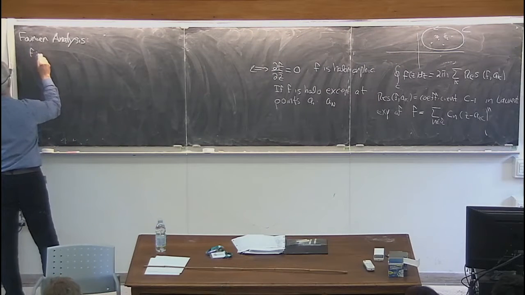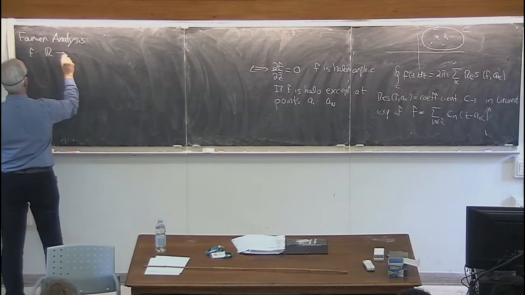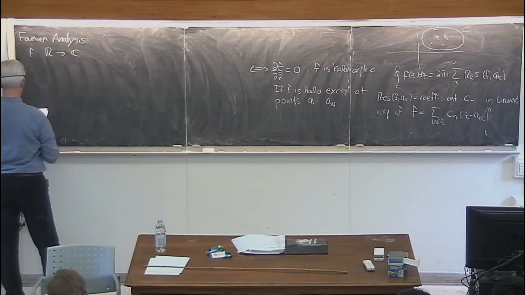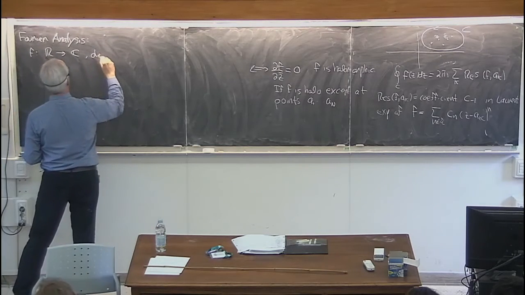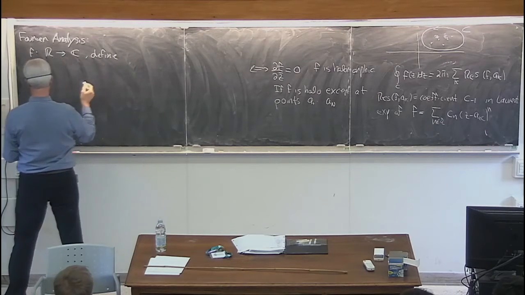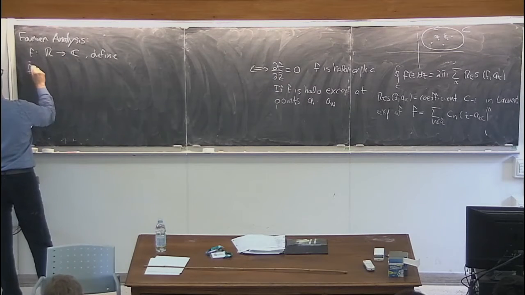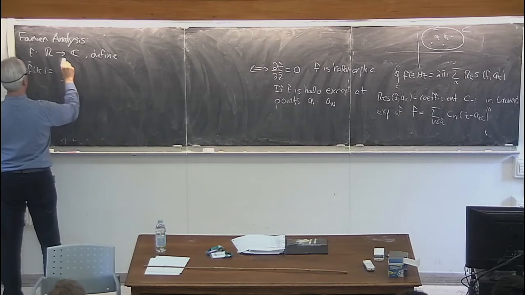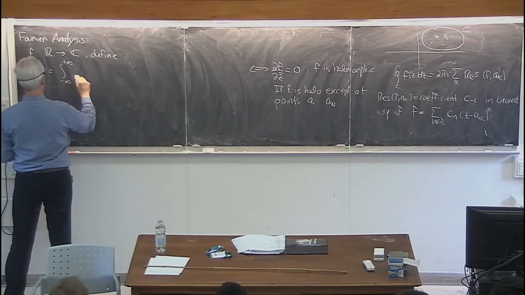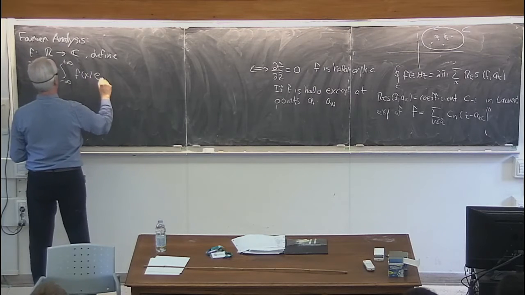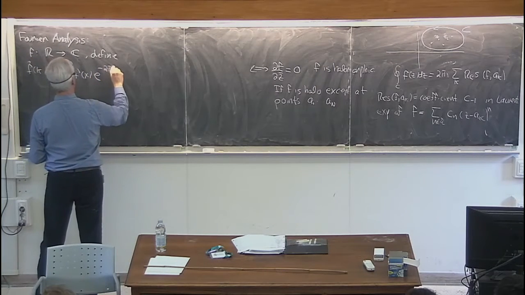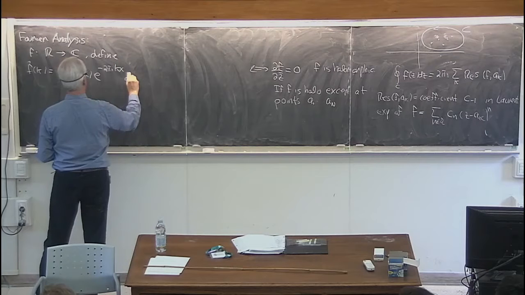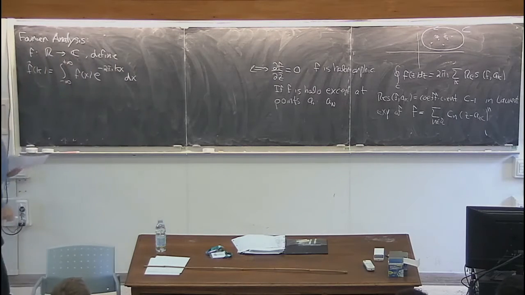So if we have some function from the real numbers to the complex numbers, we will define its Fourier transform to be the integral from minus infinity to plus infinity of f of x times e to the minus 2 pi i kx dx. And it's worth noting that this is a convention which is usually used in the mathematical literature.